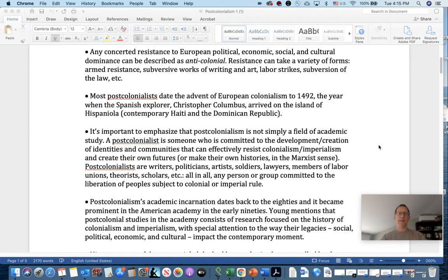A postcolonialist is someone who is committed to the development or the creation of identities and communities that can effectively resist colonialism and or imperialism and create their own futures or make their own histories in the Marxist sense, if you recall from the unit on Marxism, whereby Marx talks about how men and women, if they join in solidarity and they achieve this thing called class consciousness, that they have the agency as a group, most importantly as a group, right?